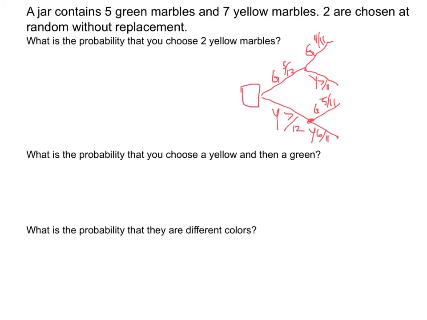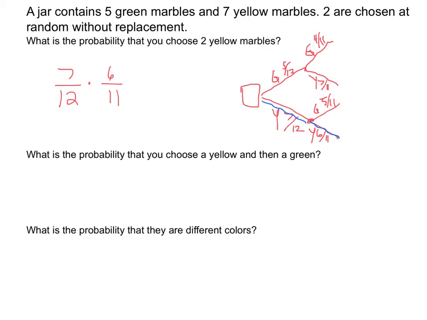So the first question says, what is the probability that you choose 2 yellow marbles? Essentially, we need to follow our path down the yellow and then the yellow. So we have the 7/12 of the first task, times the 6/11 of the second task, which is us choosing a second yellow marble.